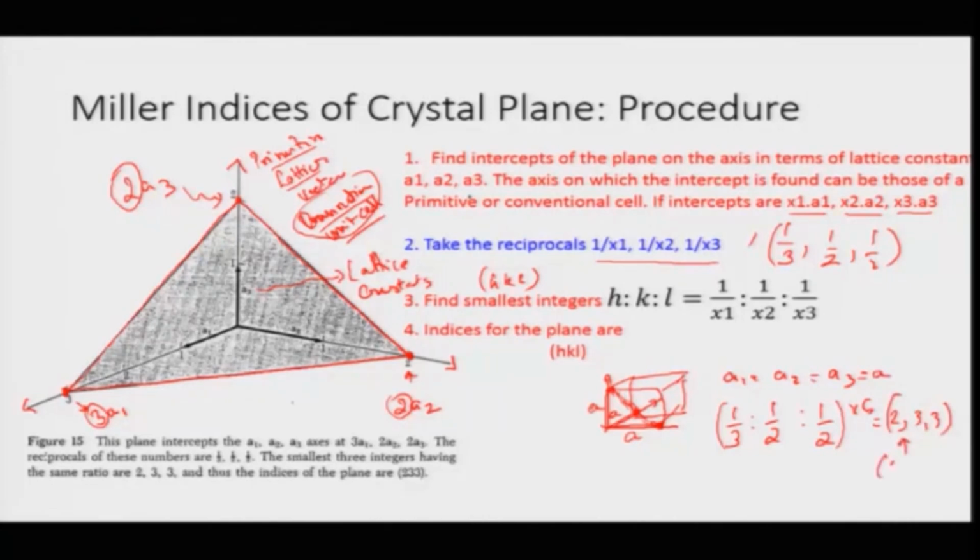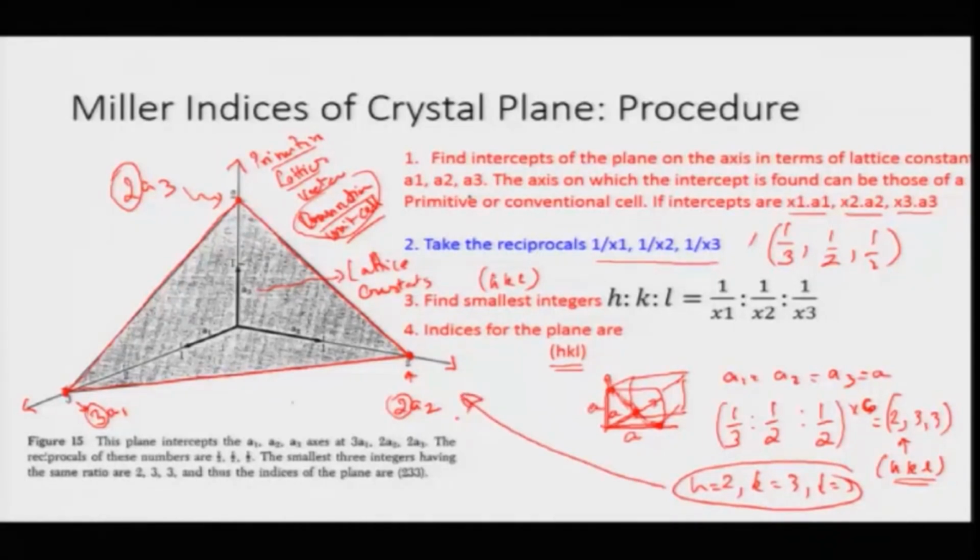These are my HKL. So if I do this procedure, then I will find out a unique index which is indexed by this collection of HKL integers. H is equal to 2, K is equal to 3 and L is equal to 3 in this particular example.